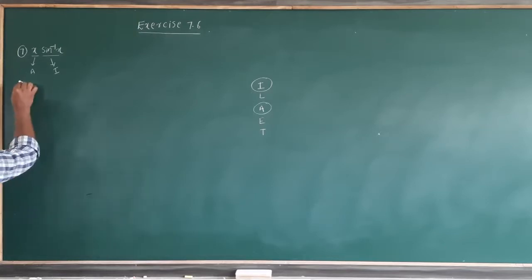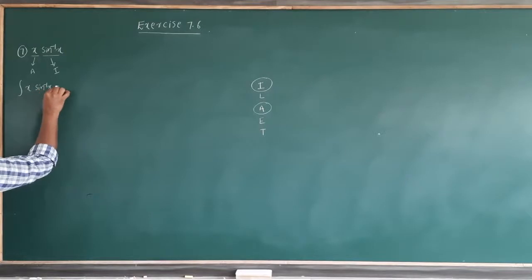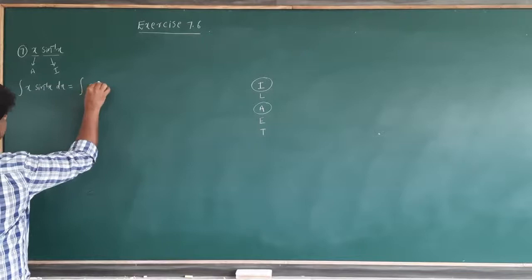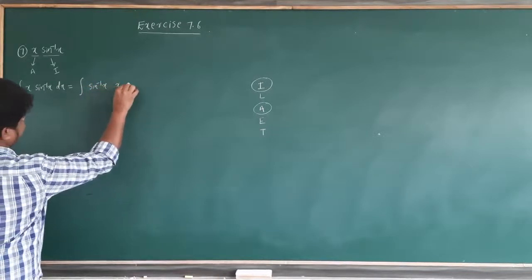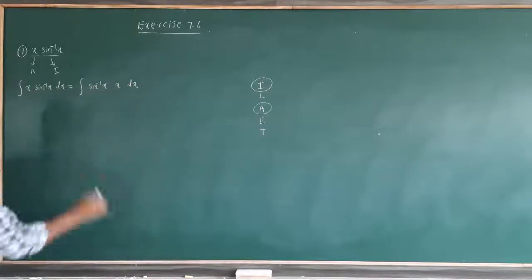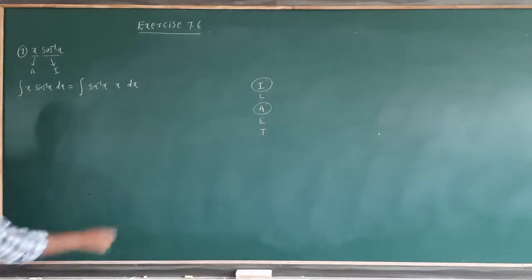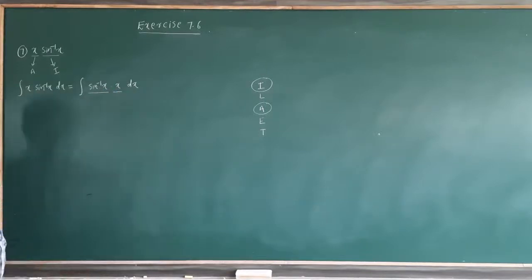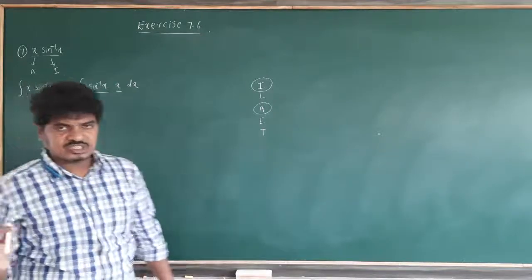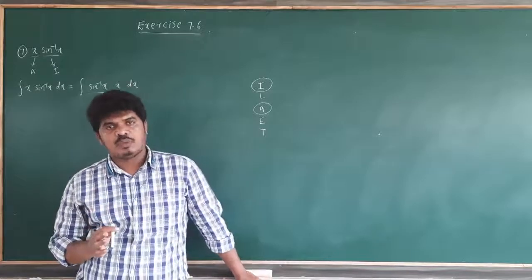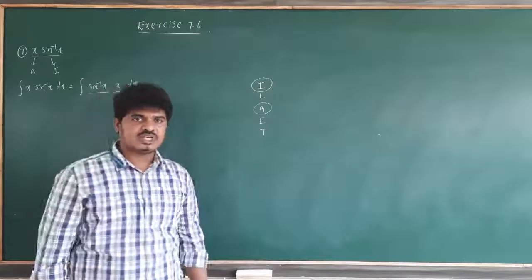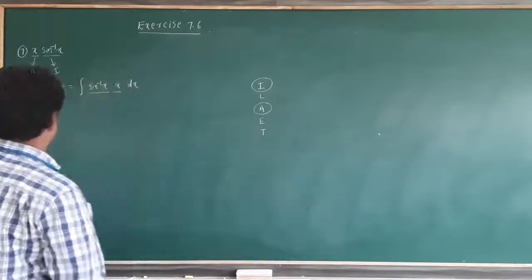So integral of x sin inverse x dx is equal to integral of sin inverse x into x dx. We have changed this x and sin inverse x. So sin inverse x is the first function, x is the second function. The formula is: first function times integral of second function, minus integral of the derivative of the first function times integral of the second function, dx.